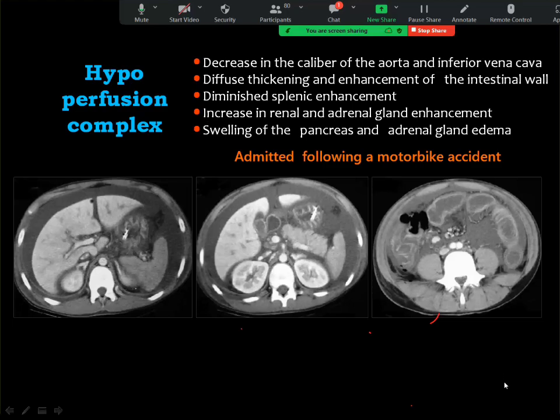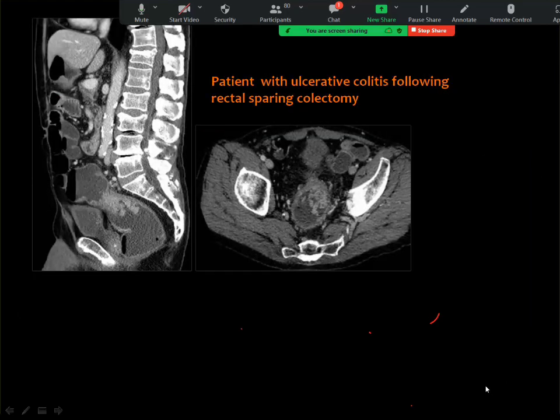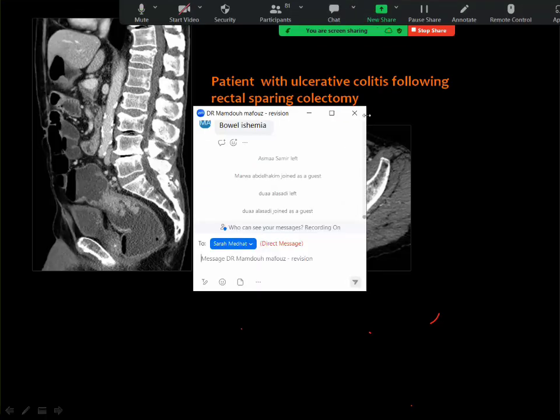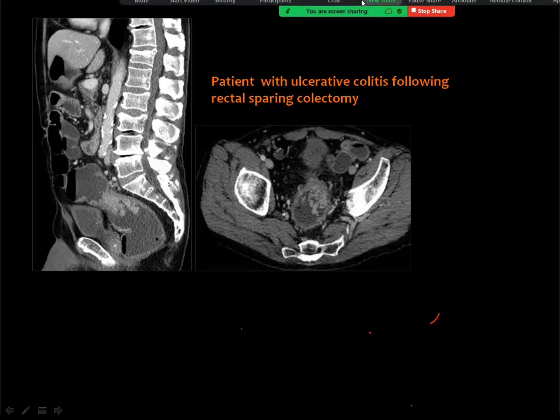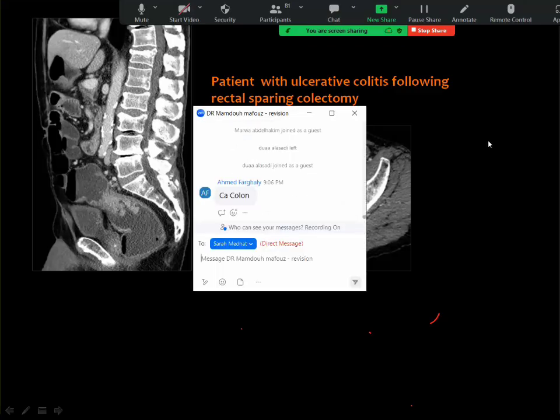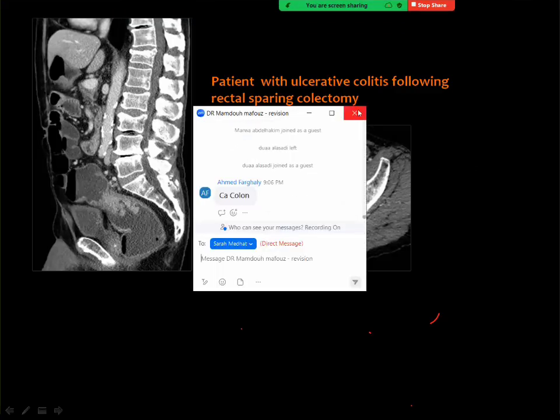This is the pancreas. Next case is a patient with ulcerative colitis following rectal sparing colectomy. The patient did the total colectomy, sparing only the rectum. Okay.